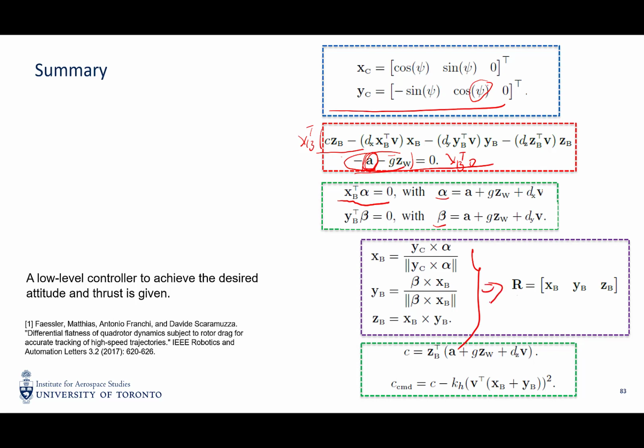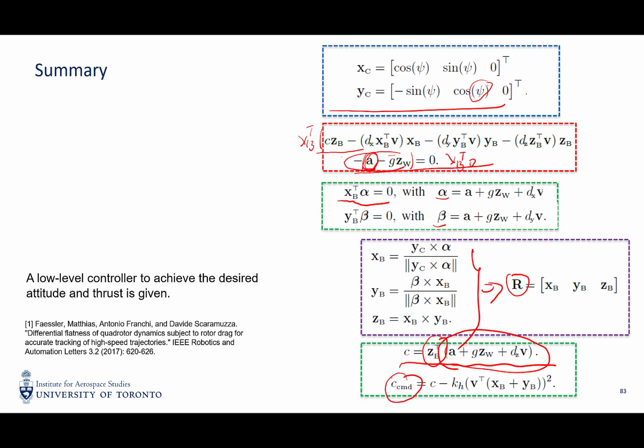And then once you get your xb, yb, and zb, you construct R. And finally, you use zb transpose times the total force to get your collective thrust. So once you have R and your C command, there is a lower level controller that can handle this. And this is the controller you are going to use in your next project.